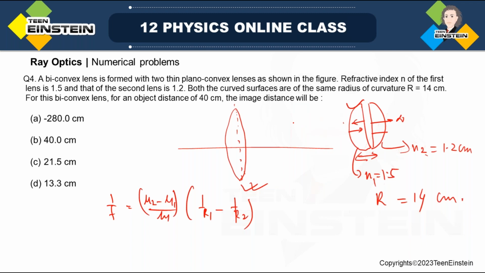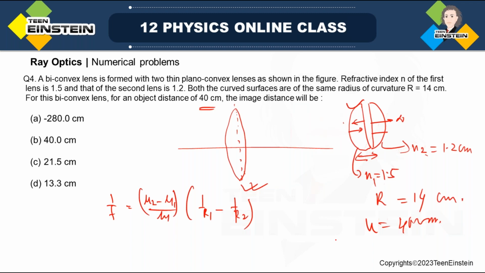So what are the parameters over here? Object distance is 40 centimeters. I'm sorry, this is object distance. That's why we need to find out what is the focal length.